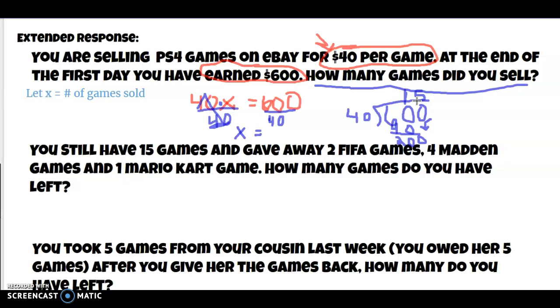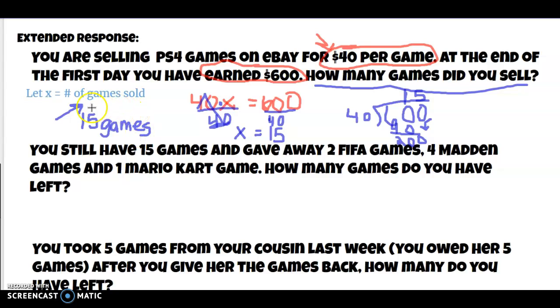So guess what? x is equal to 15. But if I want to know how to label that 15, my let statement tells me it's the number of games sold. So how many games did I sell? Well, 15 games.